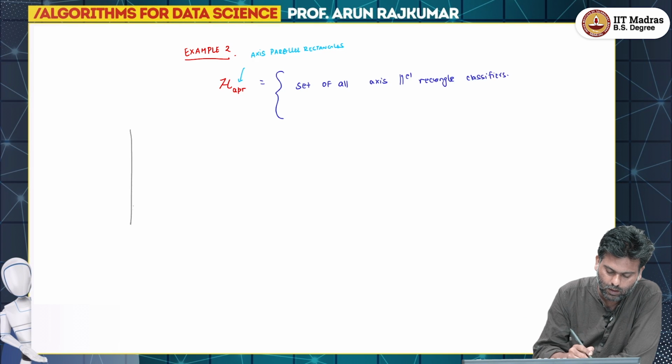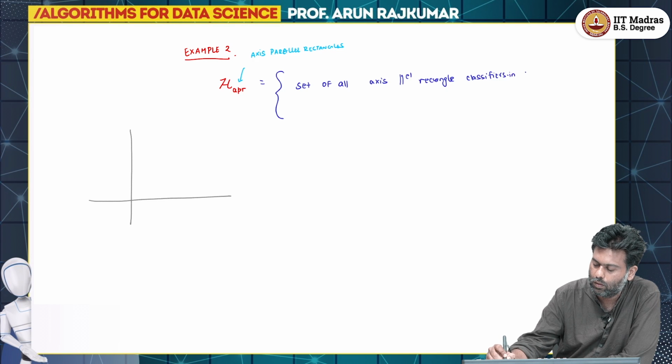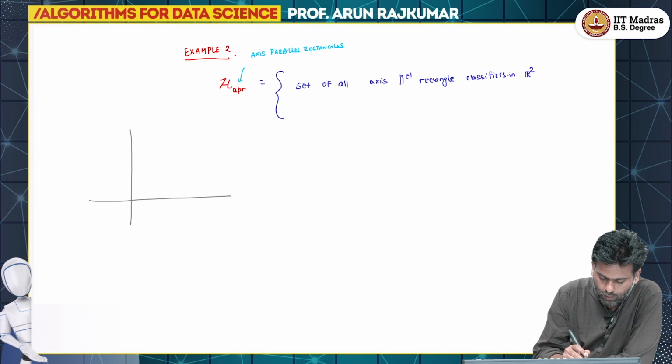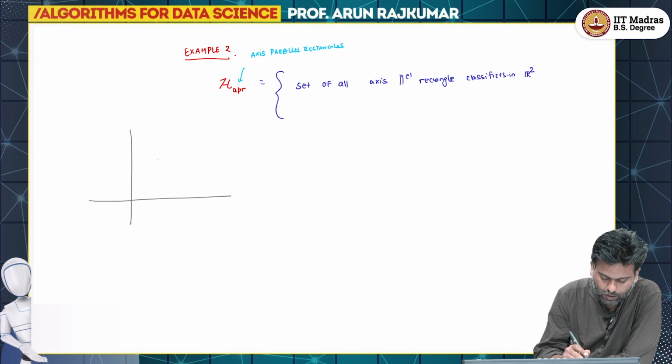So, let us say you have a 2D space in R2. Okay. So, what is an axis parallel rectangle? So, there are two axes, the x axis and the y axis. A rectangle whose length and breadth are parallel to the axes is an axis parallel rectangle. For example, this is an axis parallel rectangle.